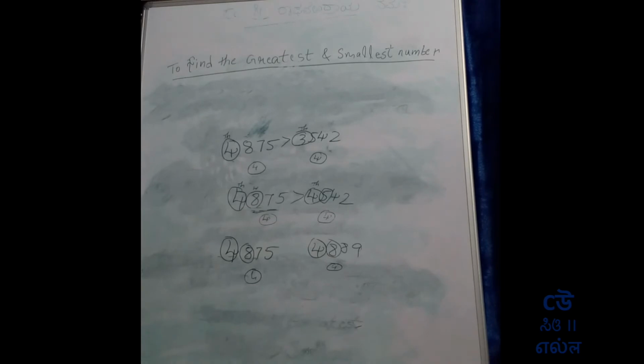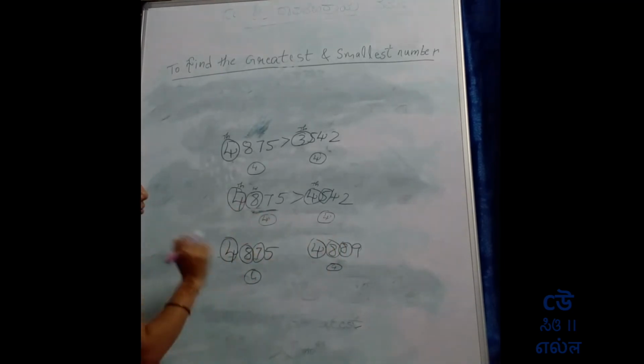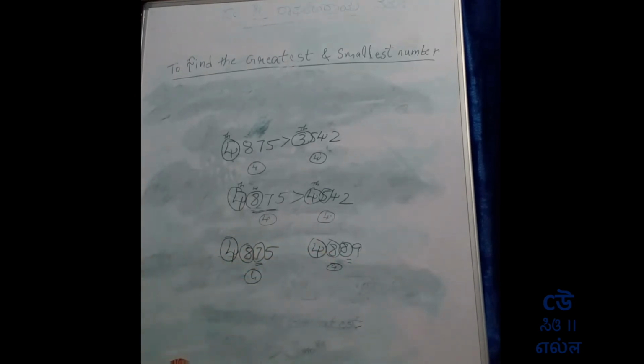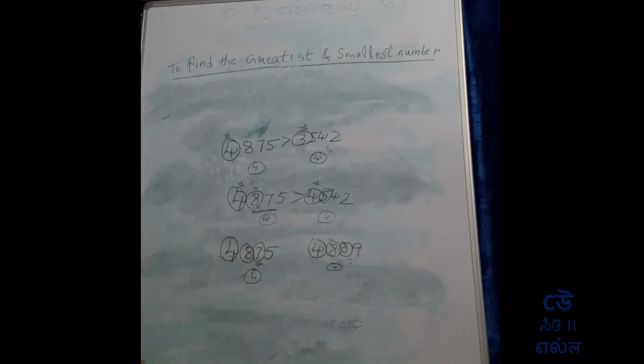So what to do? Again go to the next digit, that is at the tens place. In these both we have 7 and 8, that is different numbers. So in 7 and 8, which is the greatest number? 8. 8 is greater than 7.